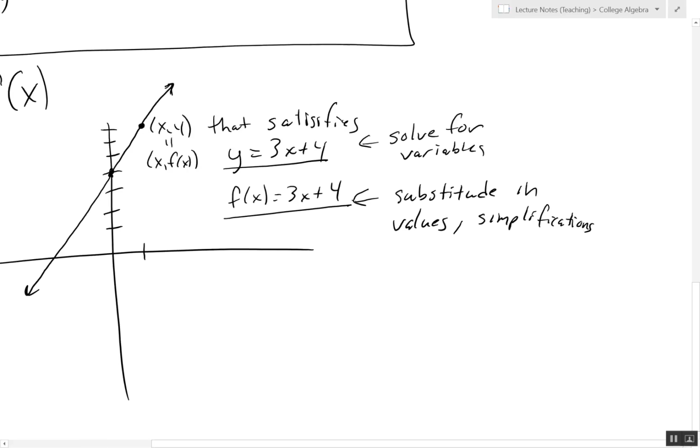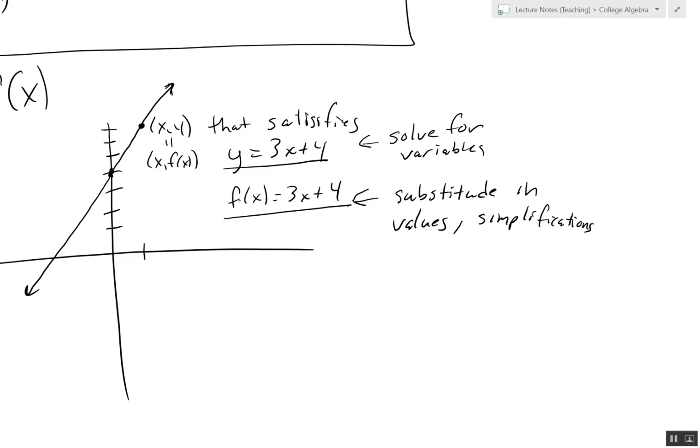But there's no solving involved for functions, typically. Because you could think of y equals f of x, you could always solve for the function like a variable as well. But that's a different topic for a different day.